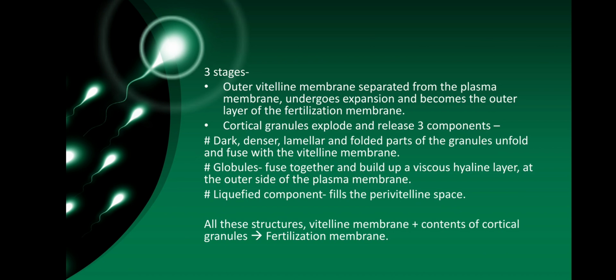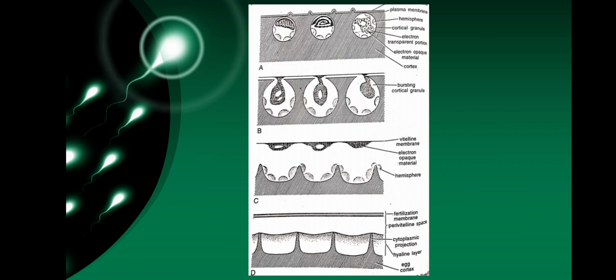In the second case, globules fuse together and build up a viscous hyaline layer on the outer side of the plasma membrane. Next, a liquefied component fills the perivitelline space. These are the three substances or products formed after the rupture of the cortical granules. And all these structures, the vitelline membrane plus the contents of the cortical granules, together form the fertilization membrane.